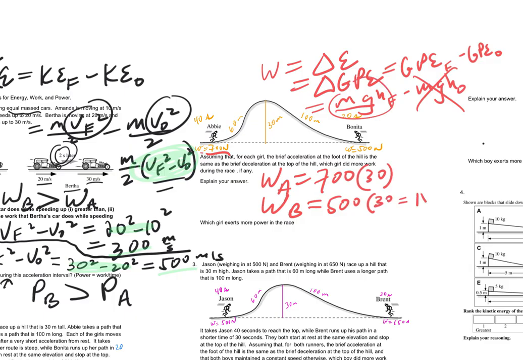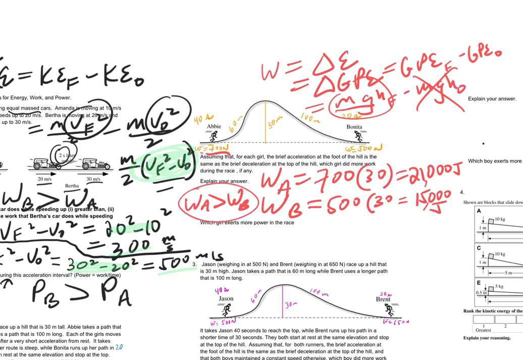So Bonita's is 15,000 joules, and Abby's is 21,000 joules. So obviously Abby did more work than Bonita in this case.